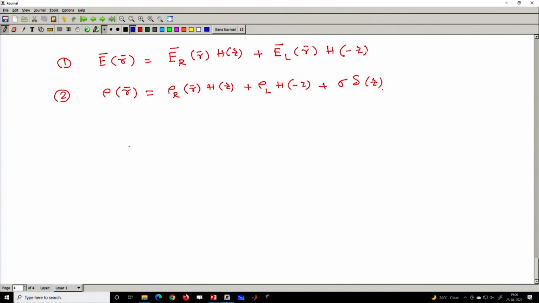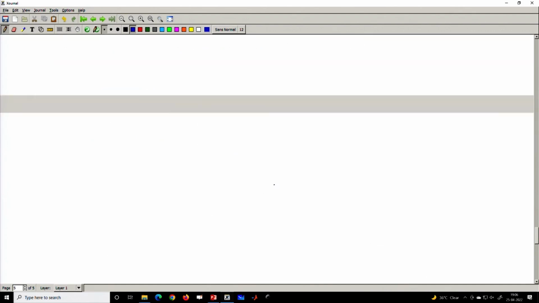Now I have in my hand the fundamental equation, that divergence of E is rho by epsilon 0. I can exploit this equation according to my convenience.